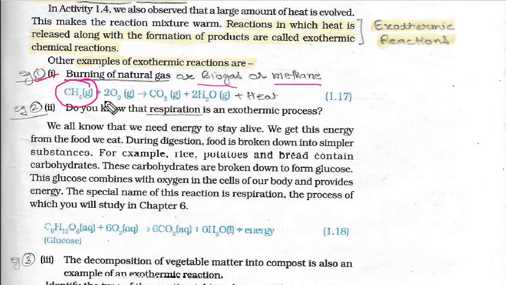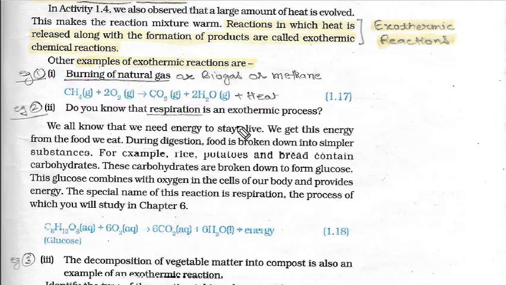When CH4 reacts with oxygen, because without oxygen anything cannot be burned, it will form carbon dioxide plus water plus heat. So this is an example of an exothermic reaction.